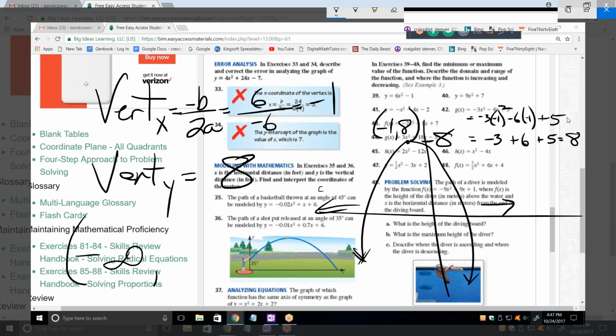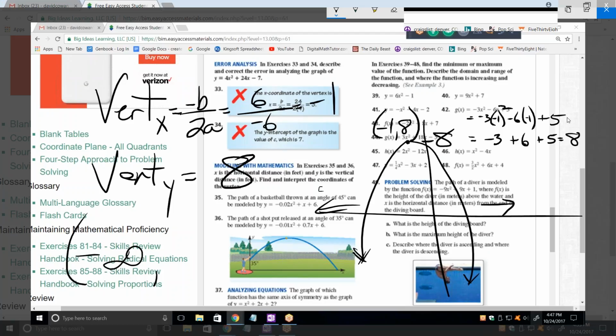Where's the top end of the range? In other words, what are the allowable y values? So the y value of 9? No. What's the maximum y value I can have?